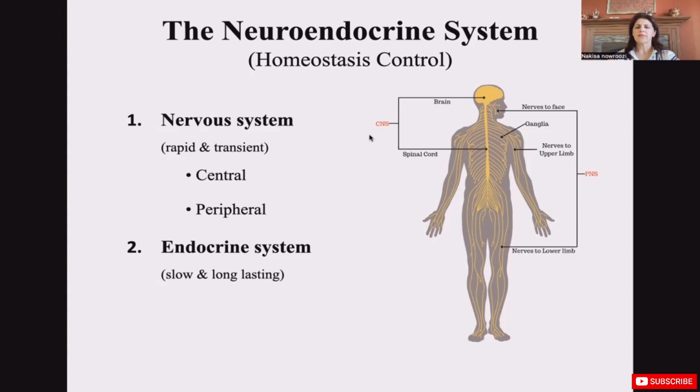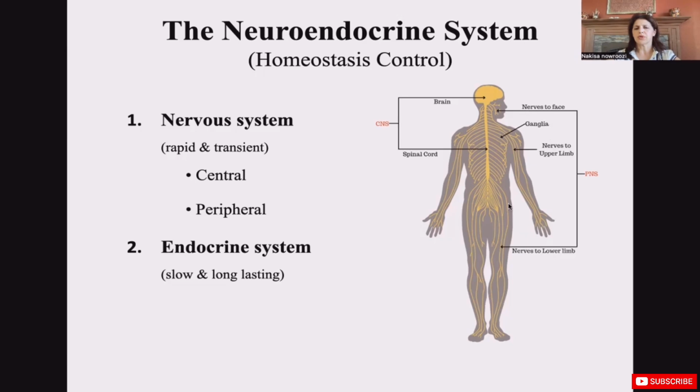Central nervous system is made of brain and spinal cord. This is the commander of the nervous system. And peripheral nervous system is all the supporting nerves going to different parts of the body. And the neuroglia, these are the supporting tissue.